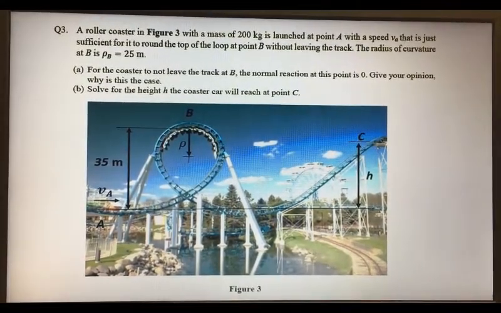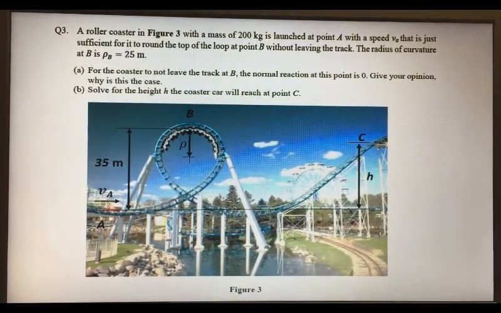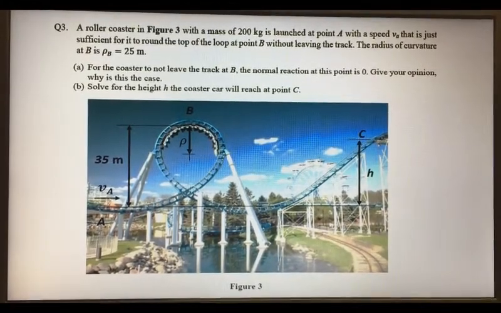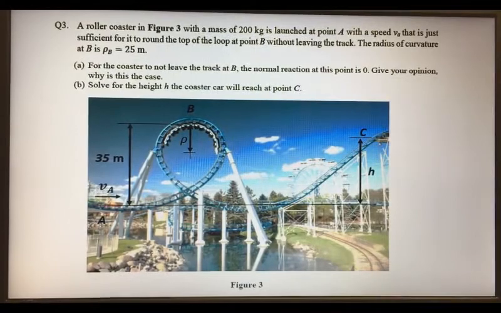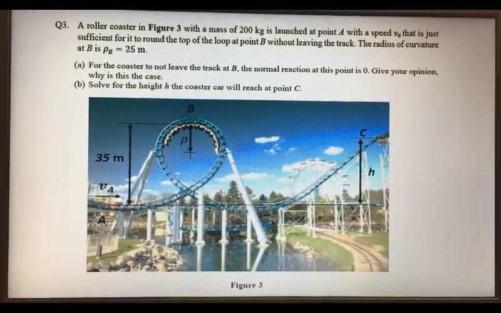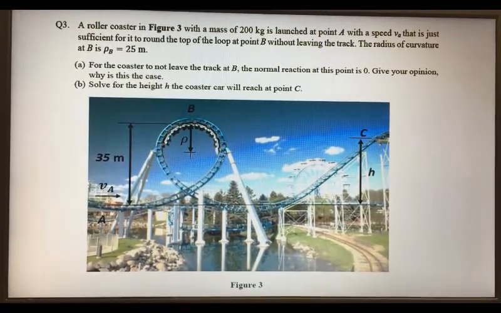For question 3, a roller coaster in figure 3 with a mass of 200 kg is launched at point A with a speed VA that is just sufficient for it to round the top of the loop at point B without leaving the track. The radius of curvature at B is rho B equal to 25 meters.